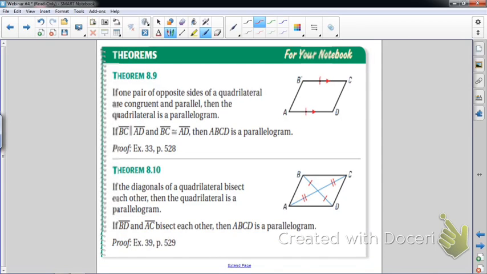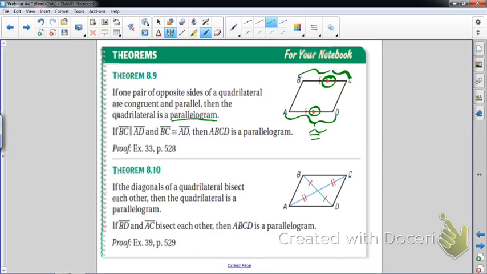So now 8.9 talks about if one pair of opposite sides of a quadrilateral are congruent and parallel, then the quadrilateral is a parallelogram. So again, if we know that BC and AD are congruent, and in addition to that we know that they are parallel to one another, then we can call it a parallelogram.